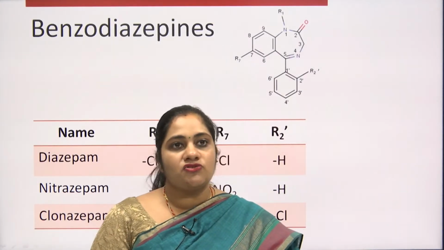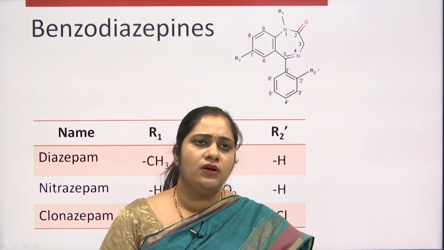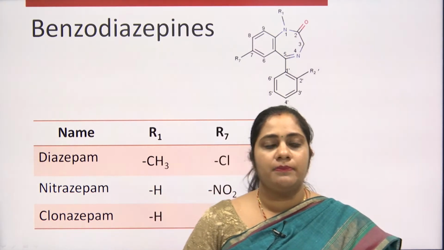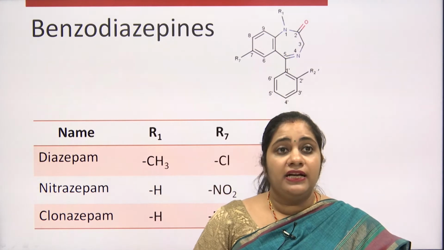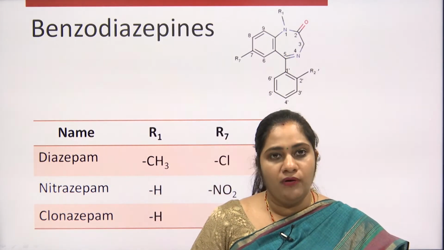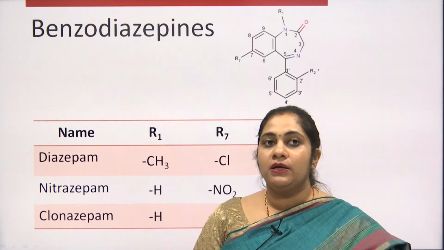So, there are some structural examples of benzodiazepine, though not all compounds under this category have anticonvulsant potential, but some of them have been proven to be better anticonvulsant compounds.